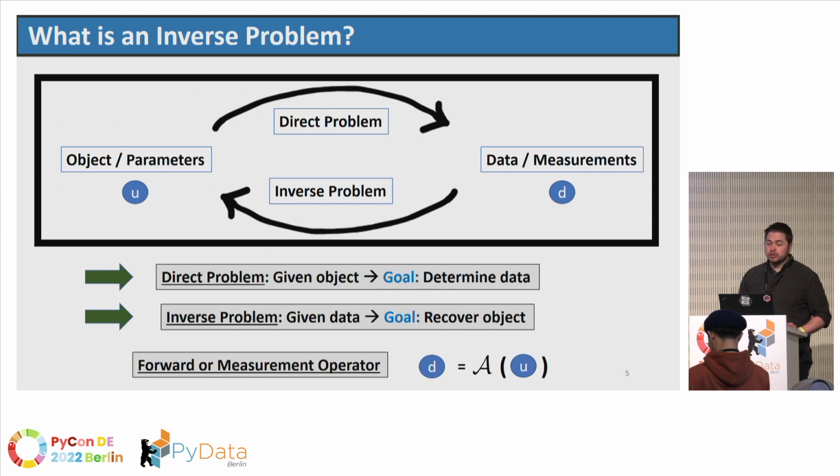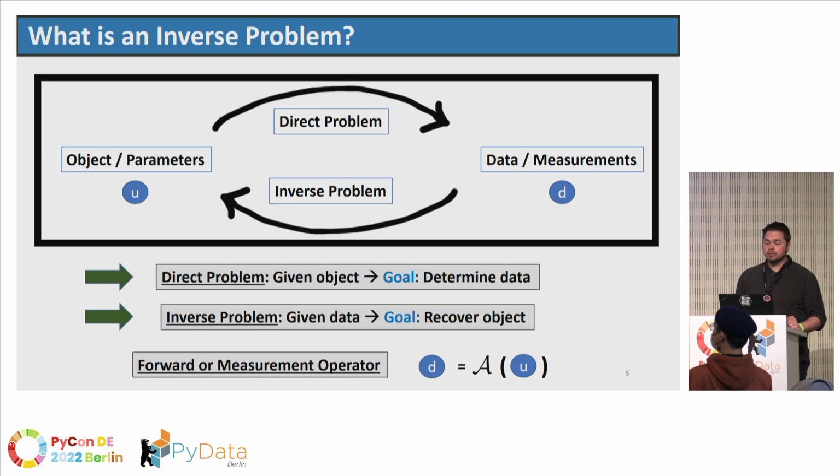So first of all, what is an inverse problem? In a kind of general context, we're interested in determining some parameters, some object. This would typically be an image, but we don't have access to it. So basically, this image gives rise to some data, some measurements. So those are the data, we can obtain those.